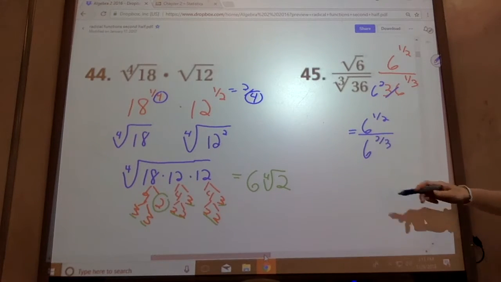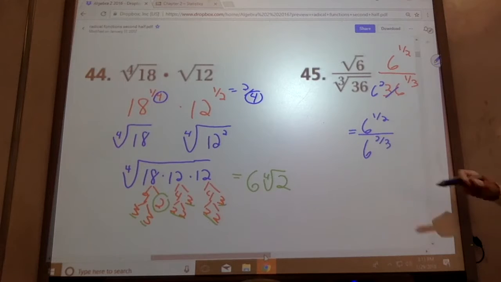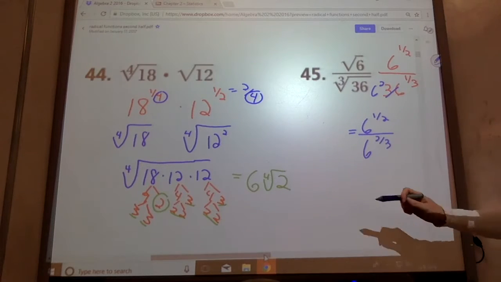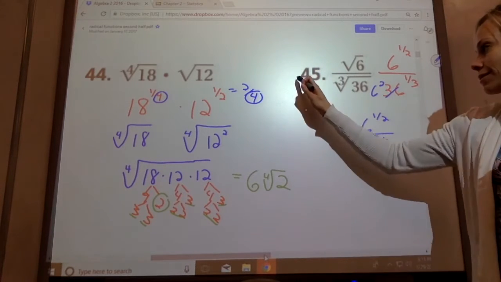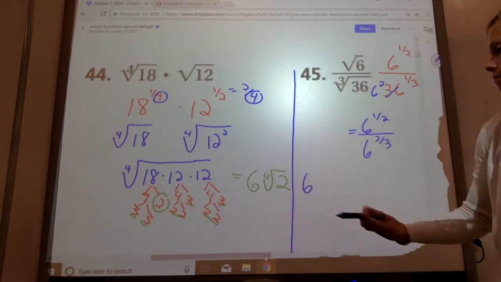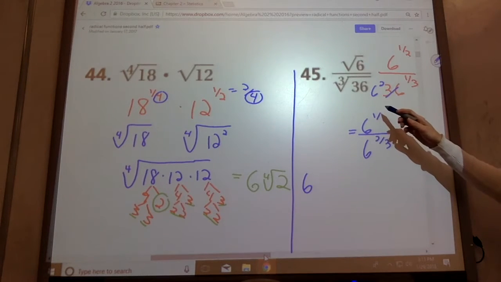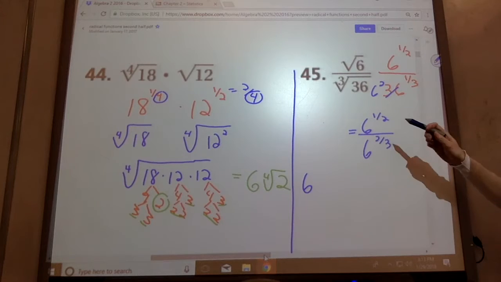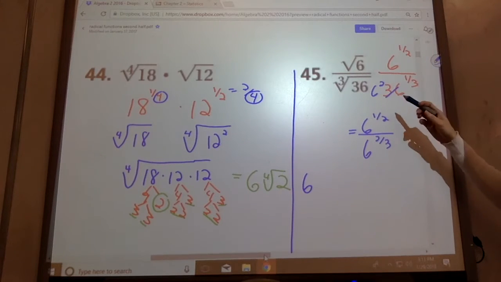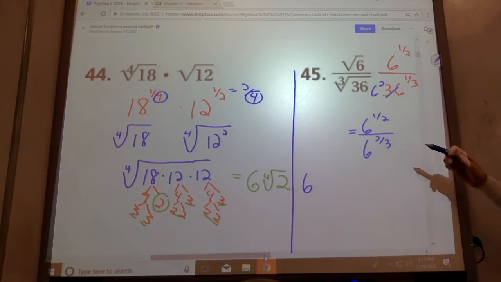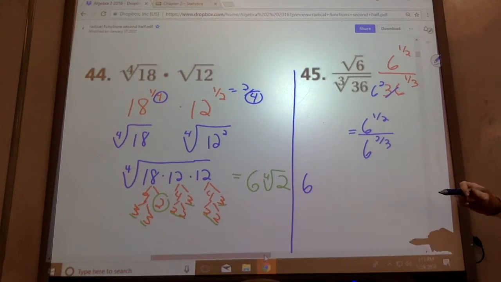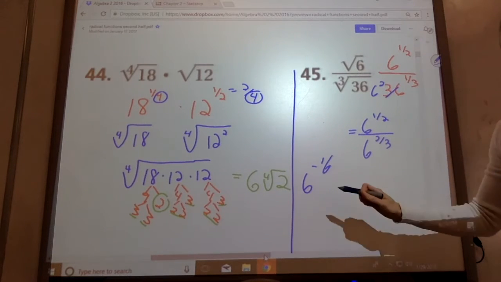And now when I have same bases, what do I do? Subtract. What's 1/2 minus 2/3? That's 3/6 minus 4/6. 4/6 is -1/6.